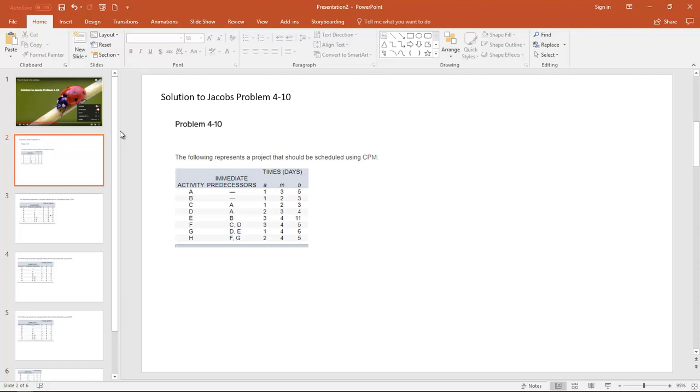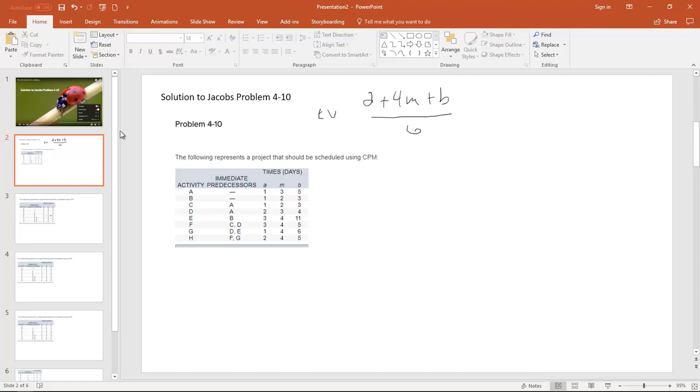Well, the equation is equal to: you take 1 A, you take 4 of the nominals, and you add a B, and you divide by 6. That's a weighted average. We're weighting the nominal much heavier. It says it's much more likely that that's going to happen than either of the other 2 points. So that's the function for the expected value for any one of these activities.